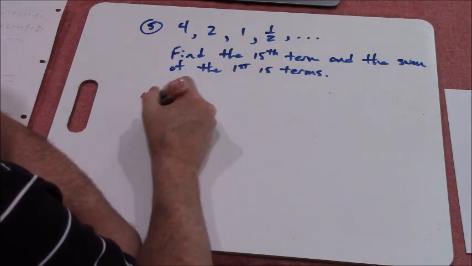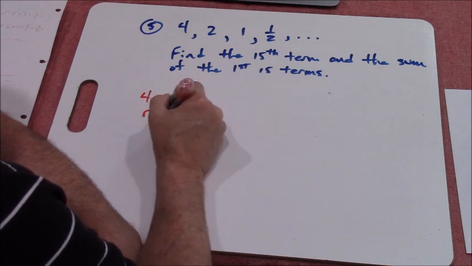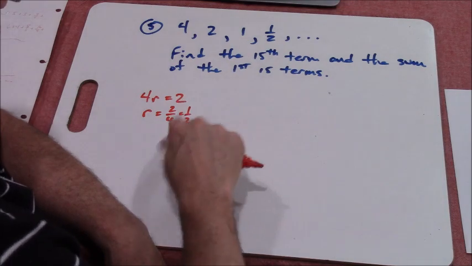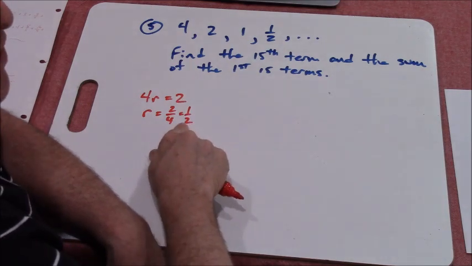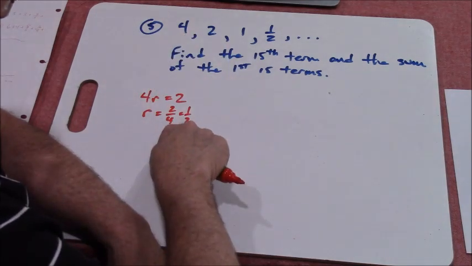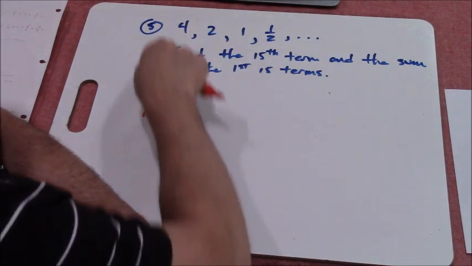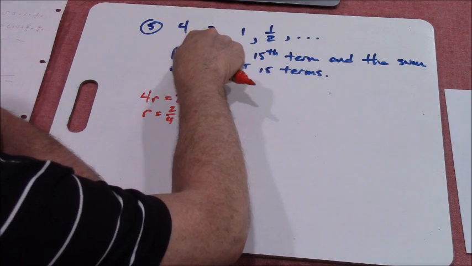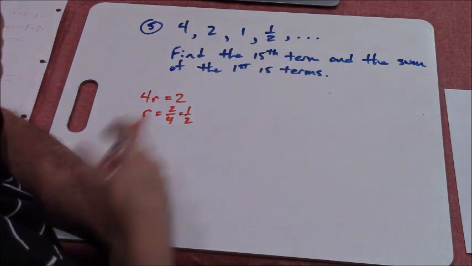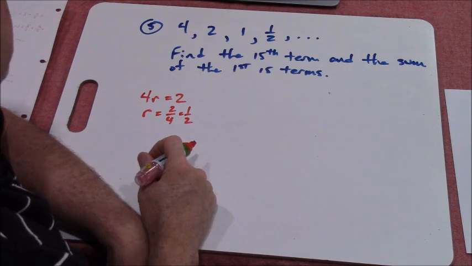Divide by 4, you get r equals 2/4 or 1/2. And so you might look at that and say, well, wait, we're dividing by 2 each time, but that's the same as multiplying by 1/2. 4 times a half is 2, 2 times a half is 1, 1 times a half is 1/2, and so on.